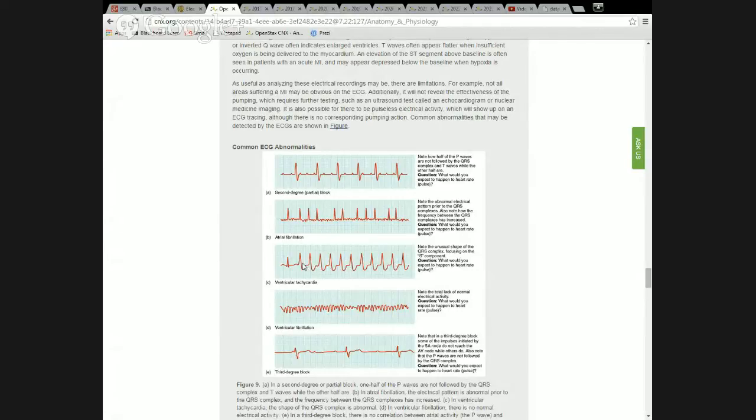Now, when this happens, it usually suggests that there's a problem with the ventricles, which is, in fact, indicative of what could lead to heart attacks. So when somebody has ventricular tachycardia like this, they're pretty much always going to get a pacemaker put in.